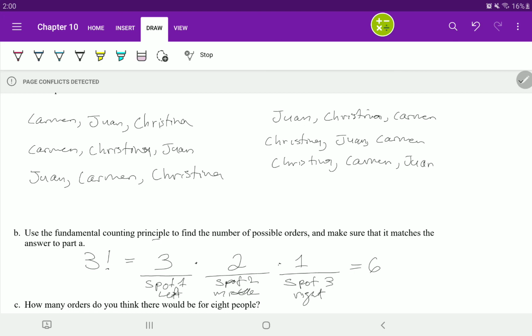So in this case, we can use 3 factorial to find the number of ways we can arrange Juan, Christina, and Carmen to take a portrait, which is the same as up here. There are 6 ways to arrange them for the portrait.